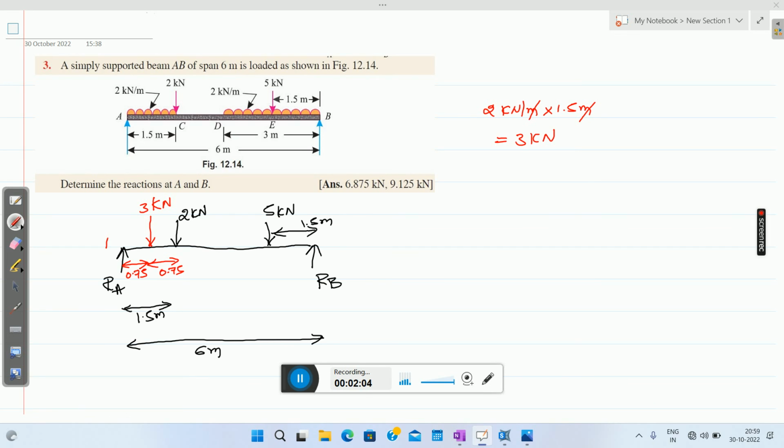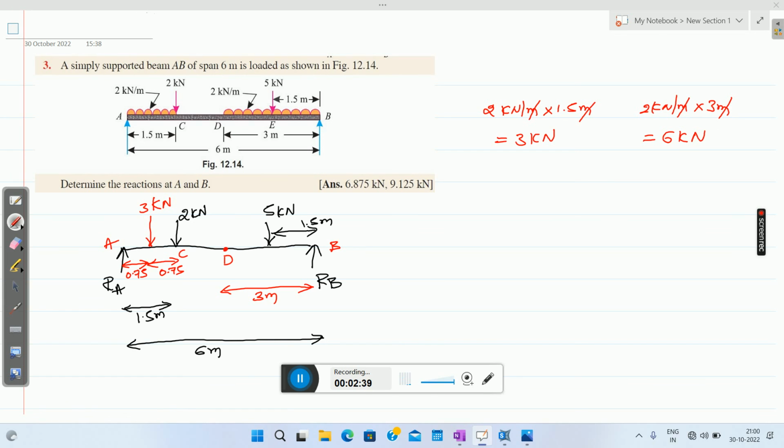So this is your point A, this is B, C, and this is your point D. This will be 3 meters. Next, this UDL 2 kilonewton per meter is acting over a distance of 3 meters. So 2 kilonewton per meter multiplied by 3 meters, here meter gets cancelled, so it will be 6 kilonewton.